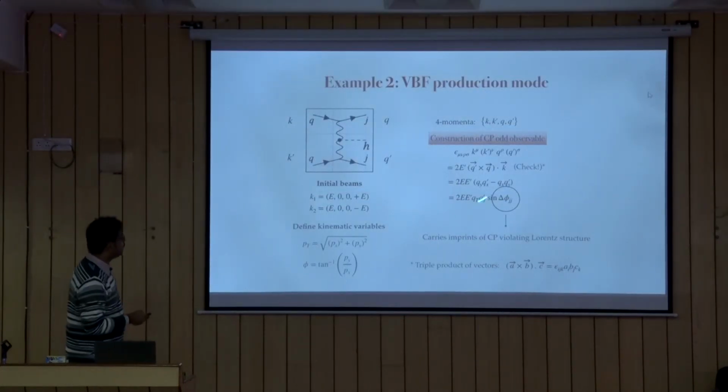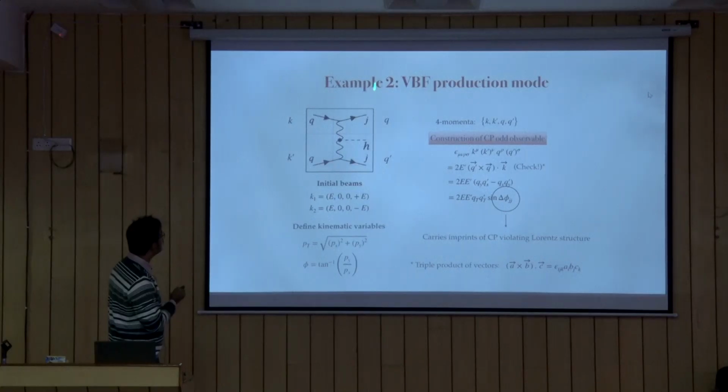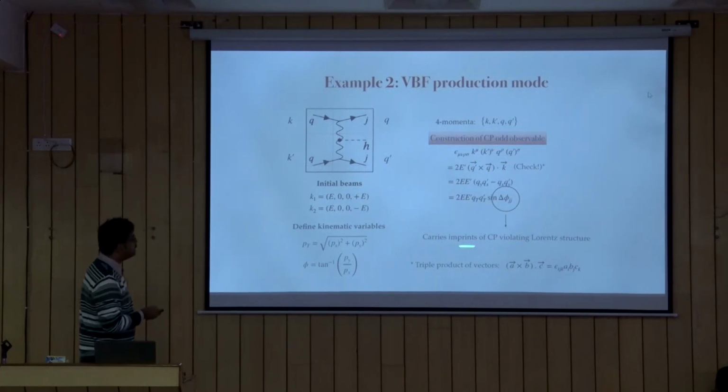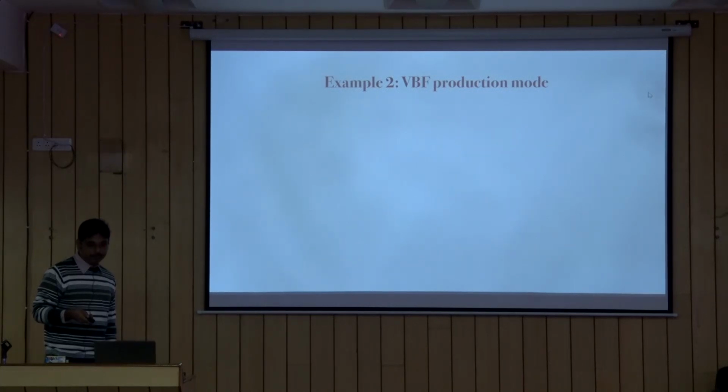And if you do a couple of steps of this calculation, then you can show that this quantity actually translates into something like k prime q_T prime sine of delta phi jj, where delta phi jj is nothing but the separation of the angle of these two jets which are coming out. And therefore this observable, if you construct it, carries the imprint of the CP violating Lorentz structure that is contributing to this kind of production. So this is an interesting direction that one can also look up.